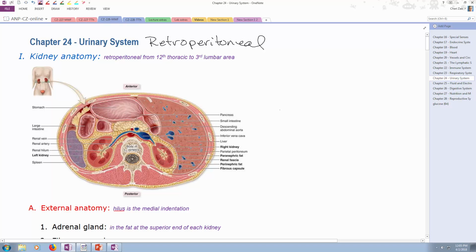Figuring out which is the right side and the left side, I hope is getting a little bit easier for you, because there are some index organs that are always on the left side or always on the right side. This organ right here is the spleen, and the spleen is always on the left side. So if you have an index organ, you can find it, and you can start to recognize other things.